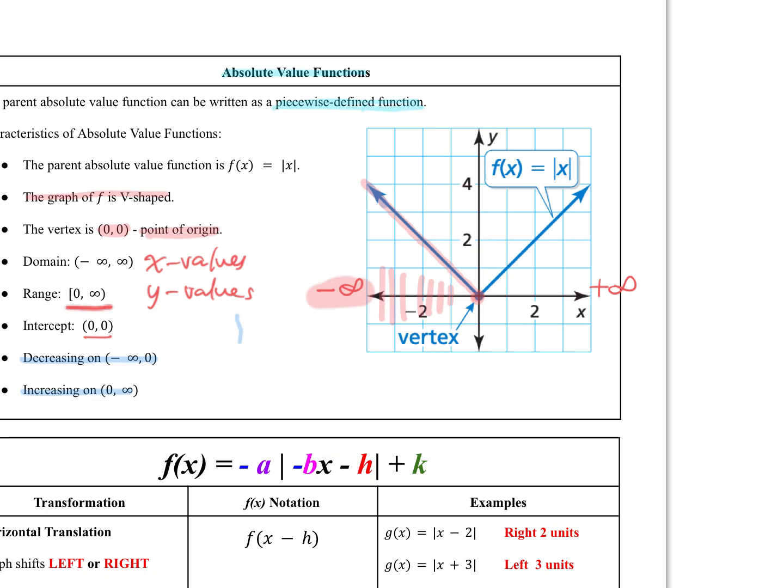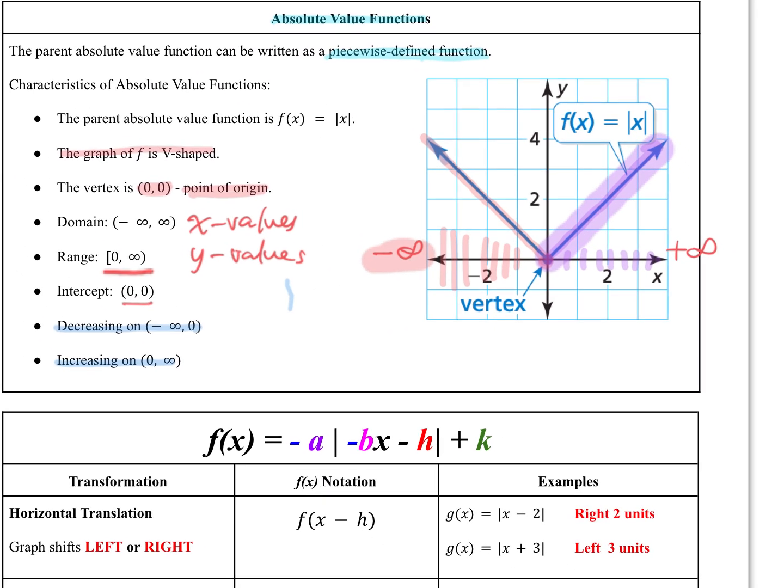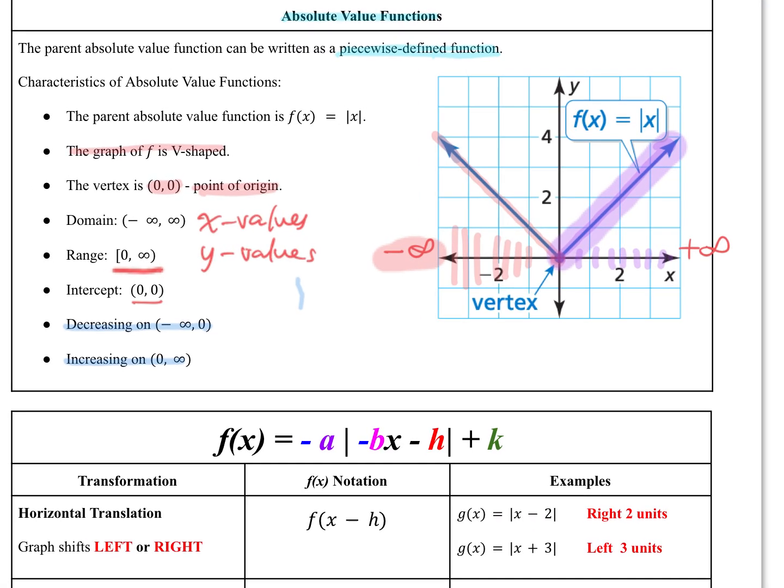And once it reaches 0, from 0 it's going to go up again to infinity. That's why it says from 0 to infinity, it's going to be increasing on this area. From 0, you can see that the values of your x are also increasing. That's what it means when we say decreasing on (negative infinity, 0) and increasing on (0, infinity).